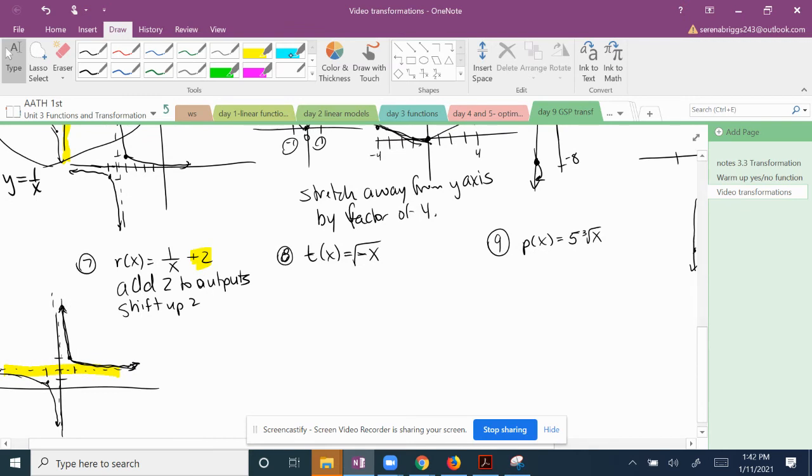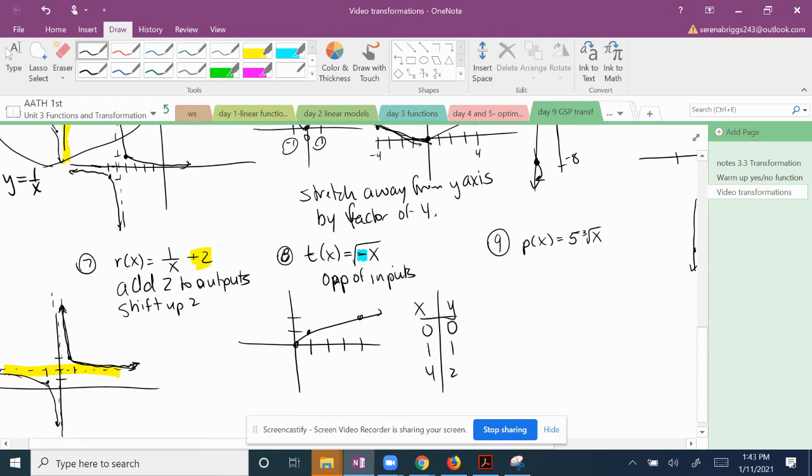Number 8, the minus is on the input. That means I'm taking the opposite of the inputs. So your normal square root graph looks like this. 0 gives you 0, 1 gives you 1, 4 gives you 2, right? But now I want to take the opposite of the inputs.